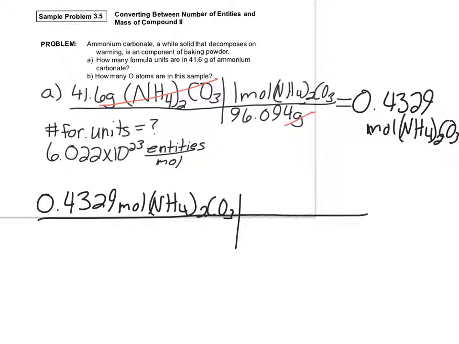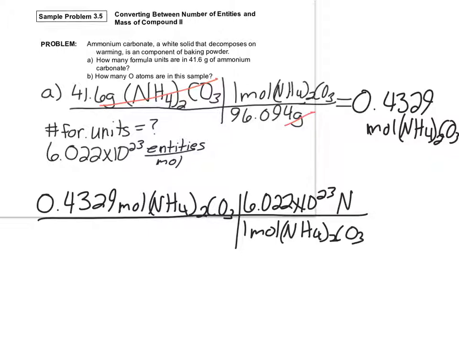And Avogadro's number tells me that in 1 mole of anything, and I'm talking about ammonium carbonate here, there's 6.022 times 10 to the 23 entities, or since I'm talking about my ammonium carbonate, I'm going to write the formula there for it.